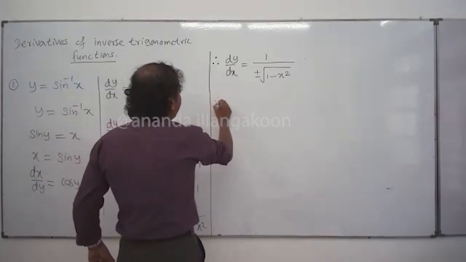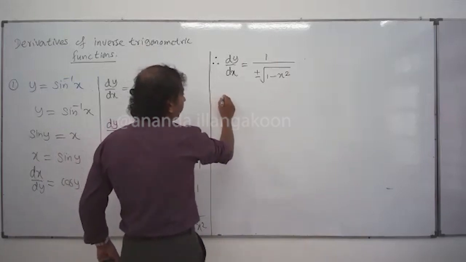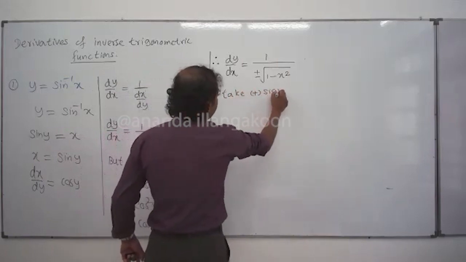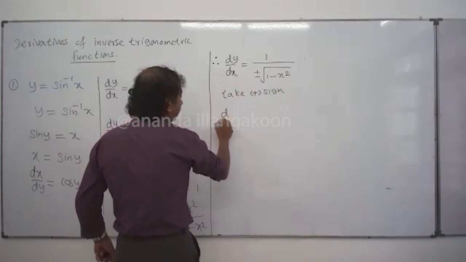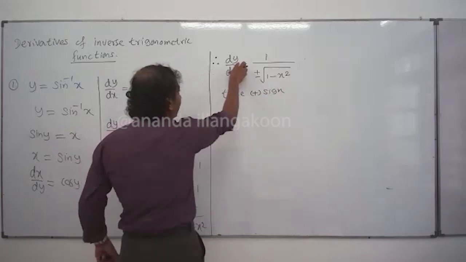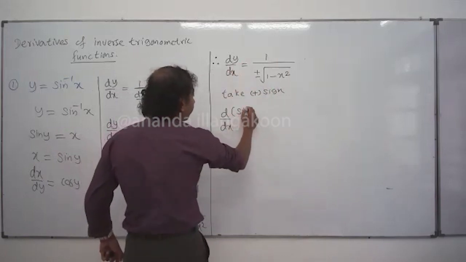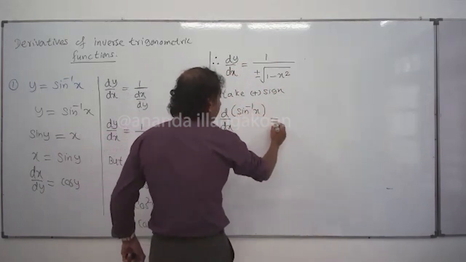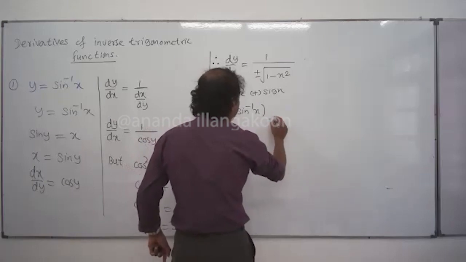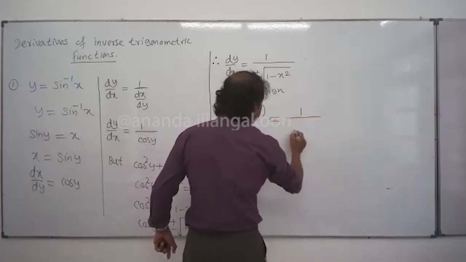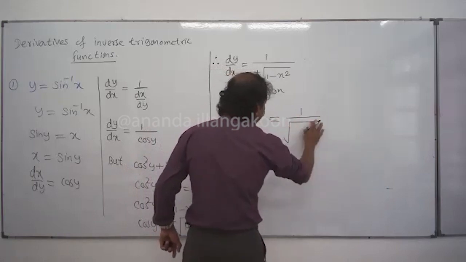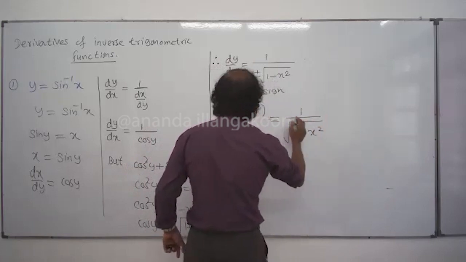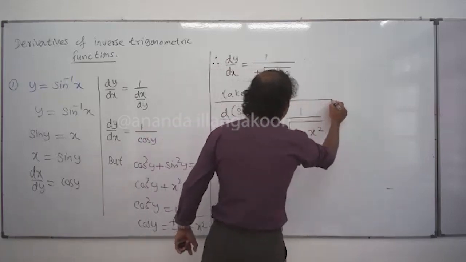So therefore, taking the plus sign, we get d over dx of y, which is sine inverse x, equal to 1 upon square root of 1 minus x squared. This way. The derivative of sine inverse x is this, people, right?